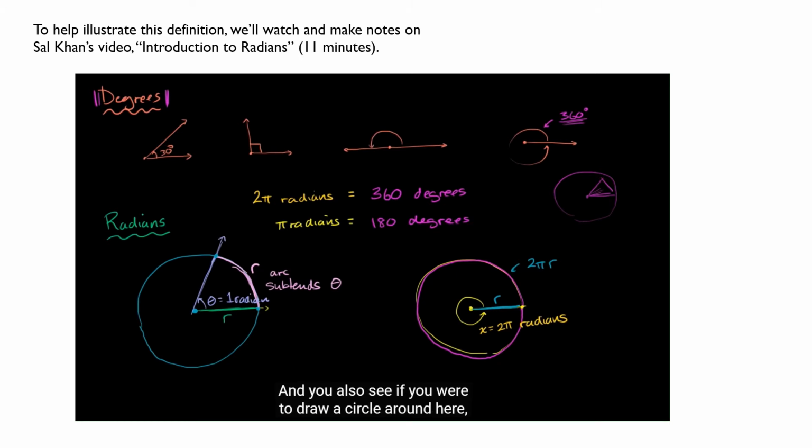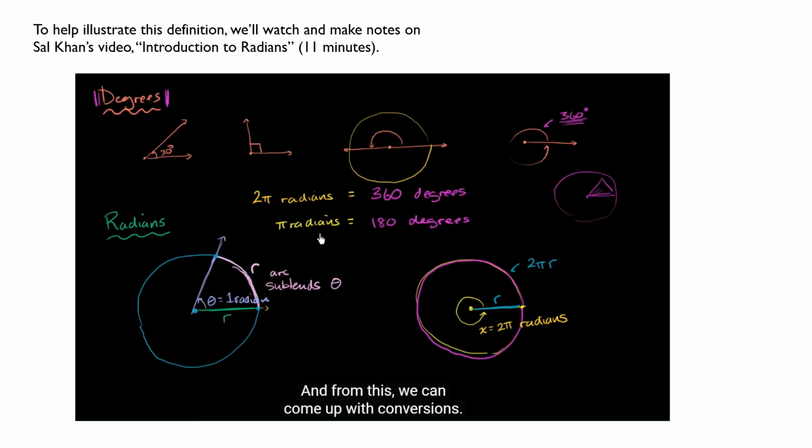You also see, if you were to draw a circle around here, we've gone halfway around the circle. So the arc that subtends the angle is half the circumference. Half the circumference is pi radiuses. So we call this pi radians. Pi radians is 180 degrees.